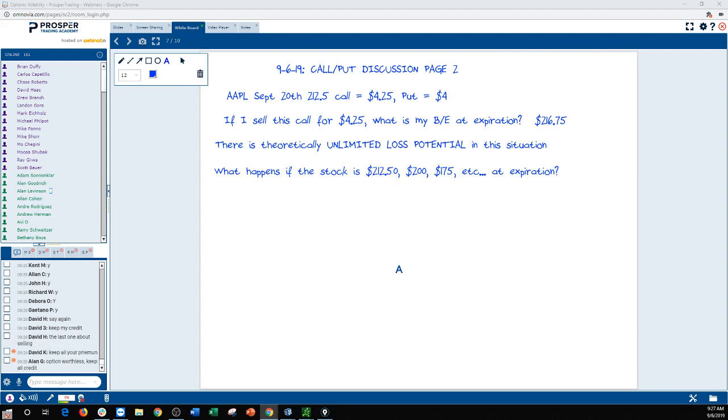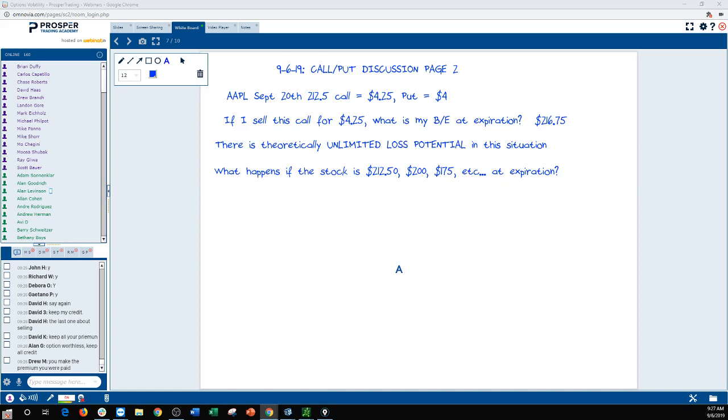A call option allows the buyer of that option to buy stock at the strike price. So if I've sold that option, that means whoever I sold it to has the right to buy stock from me. I have to sell them stock at the strike price.